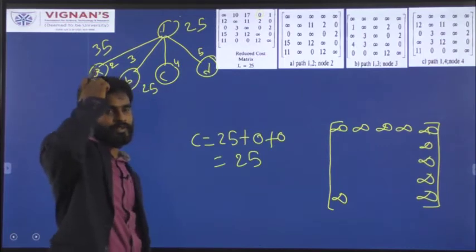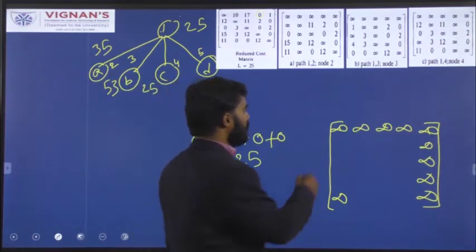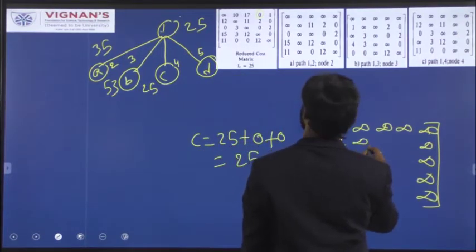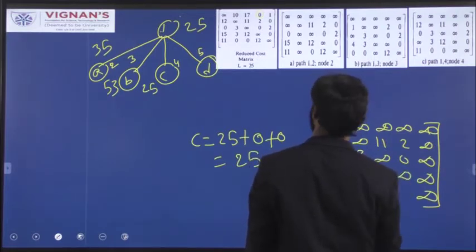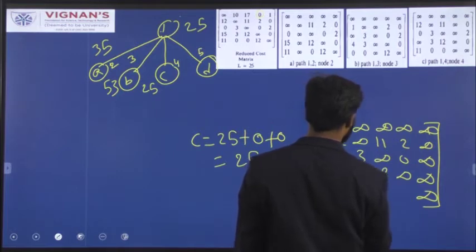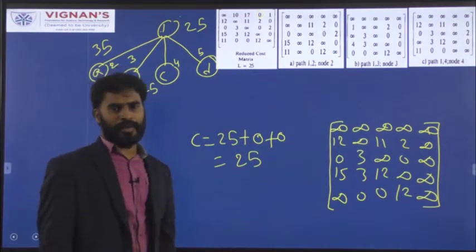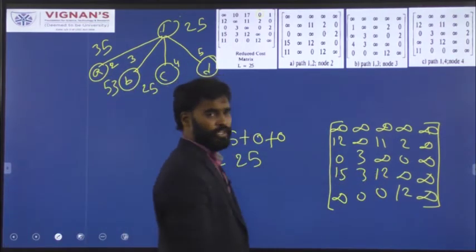As well as the distance from 5 to the root node as infinity. Now the remaining, just copy from the first one: 12, infinity, 11, 2, 0, 3, infinity, 0, 15, 3, 12, infinity, 0, 0, 12. Check whether it is a reduced matrix. If not, reduce it. See, the second row is not a reduced one.